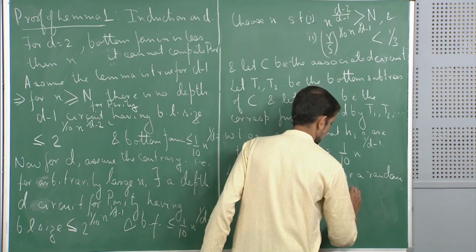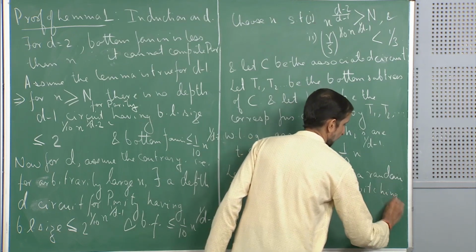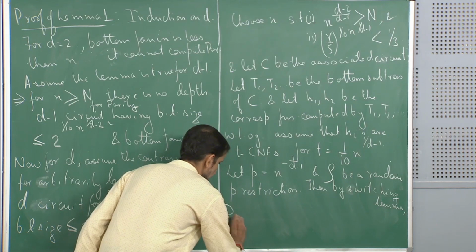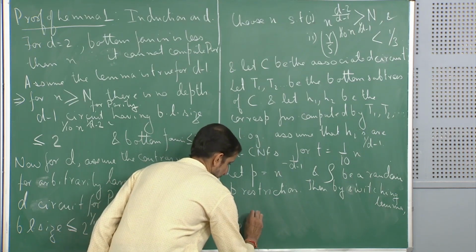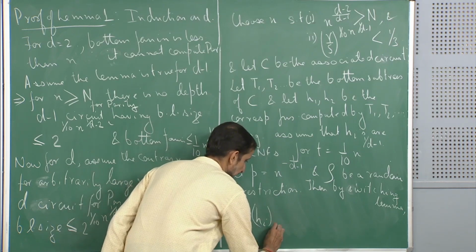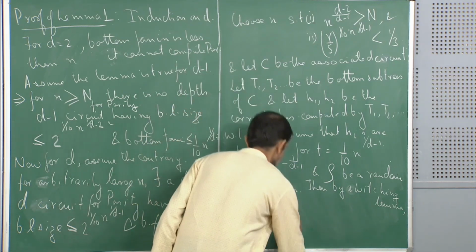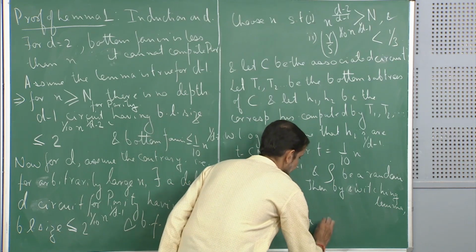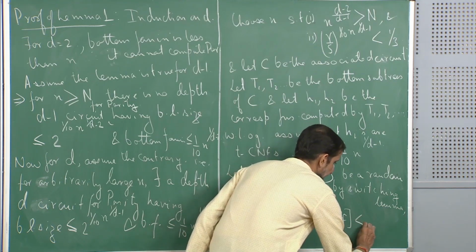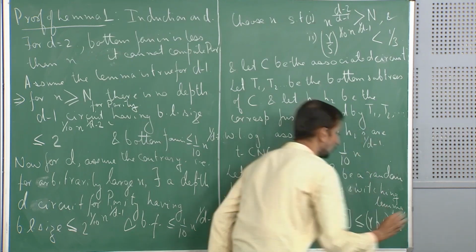Then by the switching lemma, the probability that hi restricted to rho is not a T DNF is at most gamma p t whole to the power t.